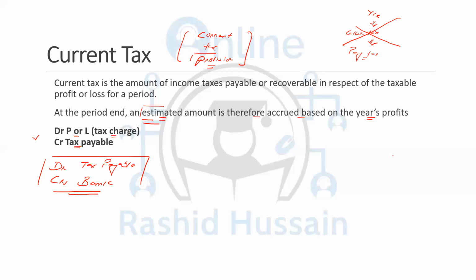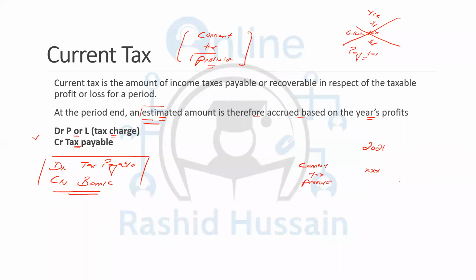Now, the point that should be noted is, for example, we are talking about 2021. We estimated the tax, which is the current tax provision. And when 2021 closes, we have the financial statements, we know the actual profit, and then we need to do some adjustments with the taxation authority because they are not going to accept all the things within that.